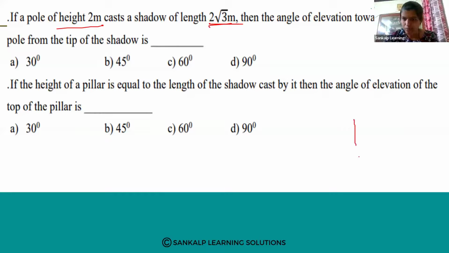Okay, this is the height of the pole and this is the length of the shadow, and we need to find out the angle of elevation at this point. So angle of elevation towards the tip of the pole from the tip of the shadow. A, B, C. So the height is 2 meter and this is 2 root 3 meter. Okay, and theta we need to find out.